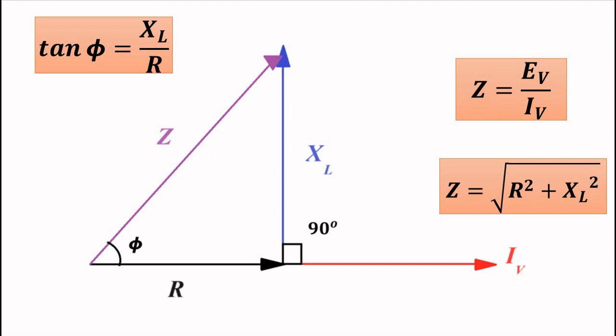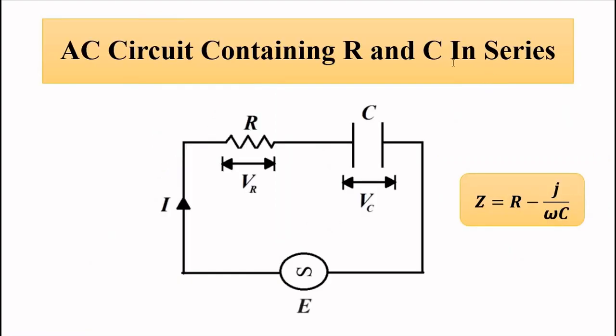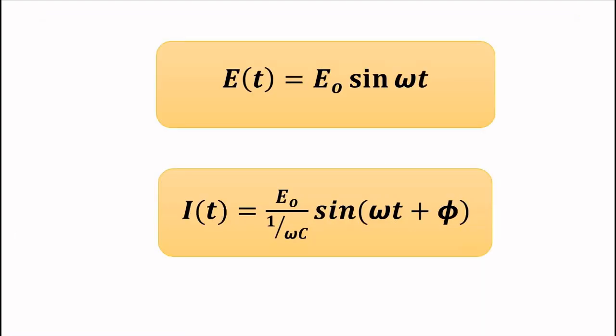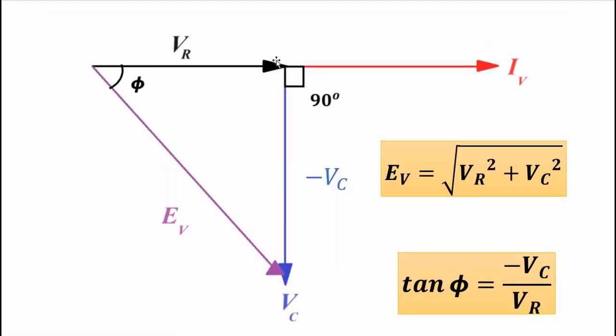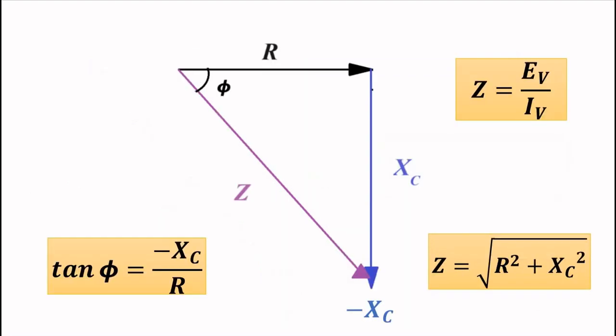And then we have RC circuit, resistor and capacitor with impedance R minus j by omega C, and here the current leads the voltage by an angle phi which is somewhere in between 0 and 90 degree, this being the voltage and this being the impedance triangle.